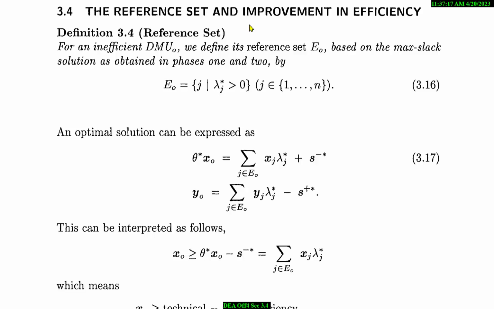In section 2, I think, we defined the reference set based on the CCR model in weighted form. Here, the reference set is defined based on the envelope form of the CCR model.